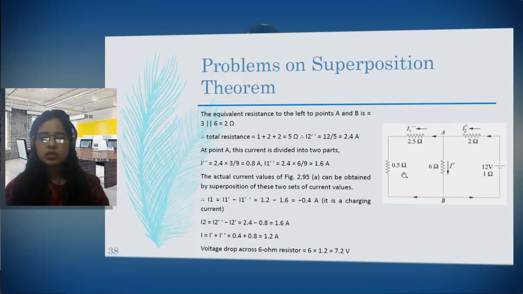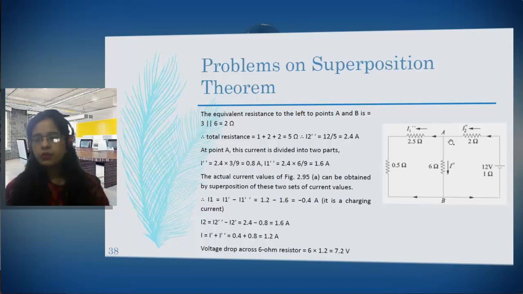The opposite is the total resistance, that is 2.5 plus 0.5, 3, divided by the total resistance, 3 plus 6, 9. So I double dash is 2.4 into 3 by 9.